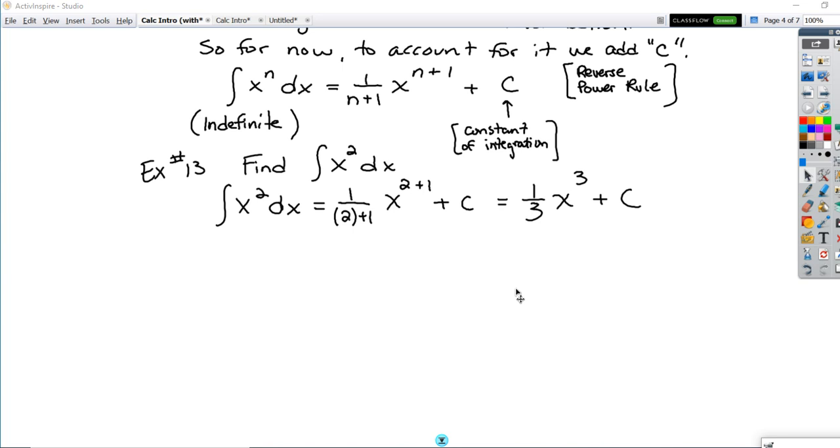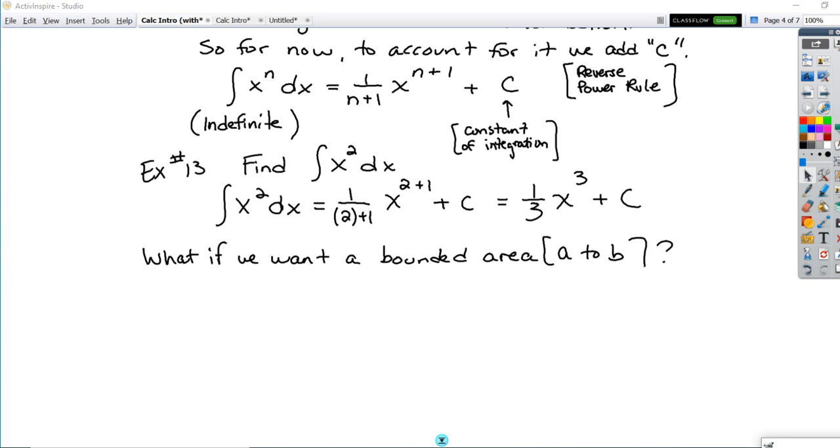So there we have it. The integral of the x squared function is equal to 1/3 x cubed plus c, where c could be any number. How about if we knew what the bounds were?